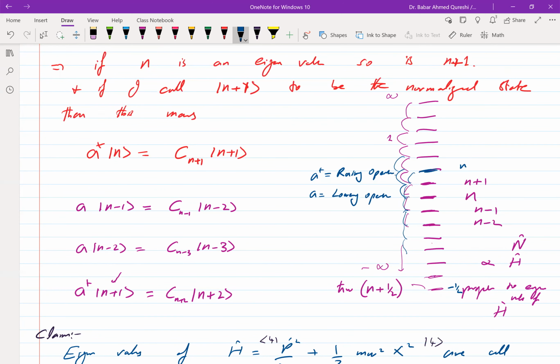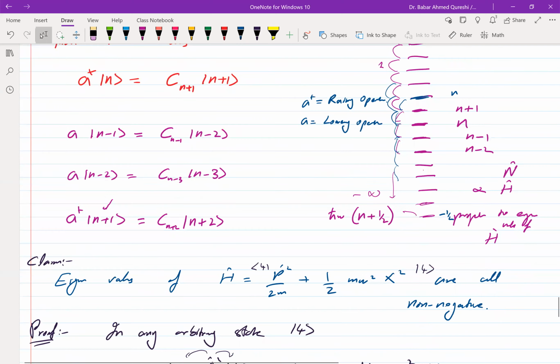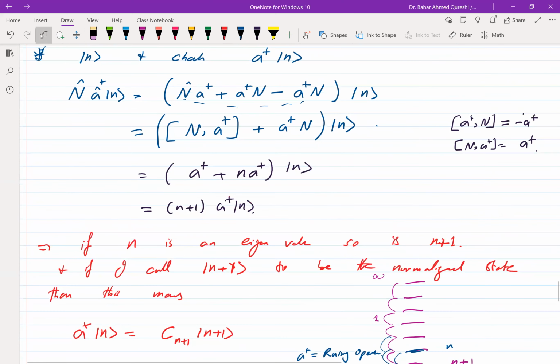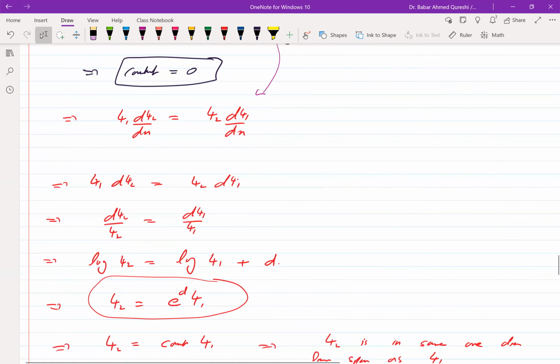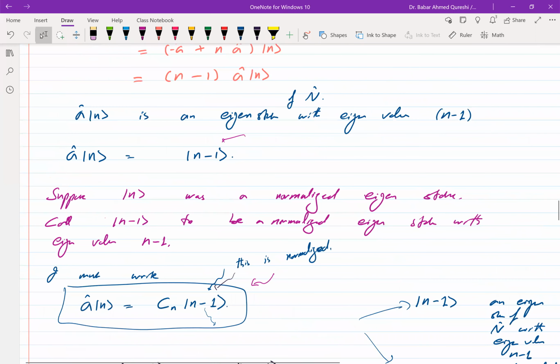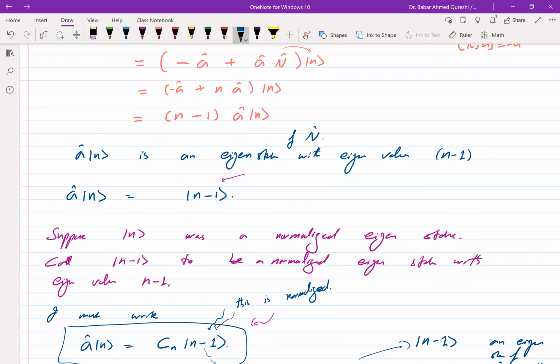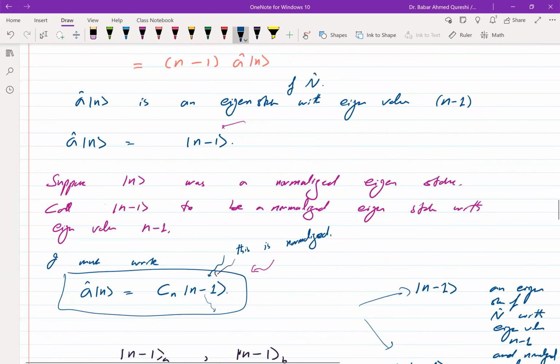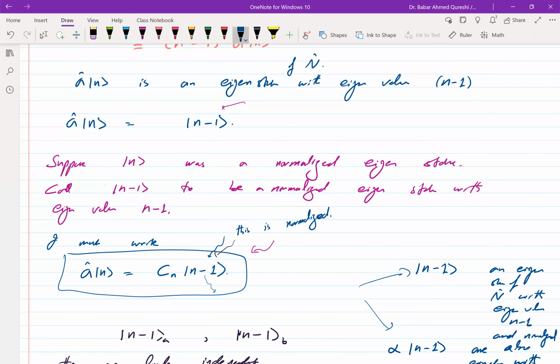Well, this lowering can stop. I will not have contradiction with this equation. So what does this lowering tell me over here? That when I apply a hat on an eigenstate, I get a lower state with something multiplied with Cn.